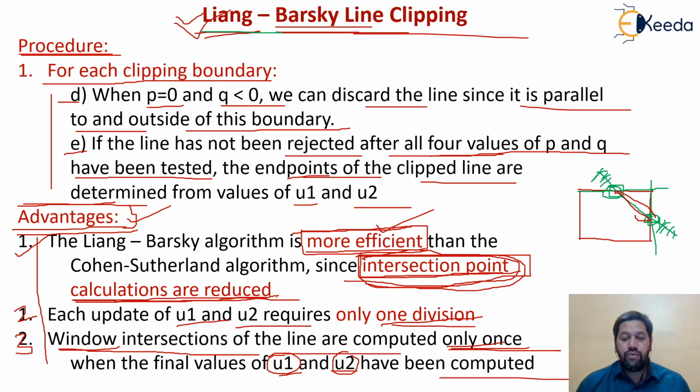I hope all of you have understood which parametric equations are used by the Liang Barsky line clipping algorithm to make line clipping faster and to find the intersection point in minimum calculation, so that the part of the line which is inside will be preserved and the part outside will be discarded or removed.